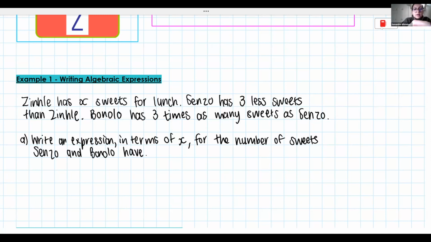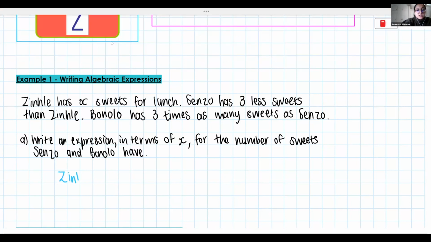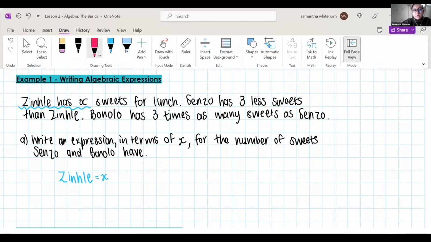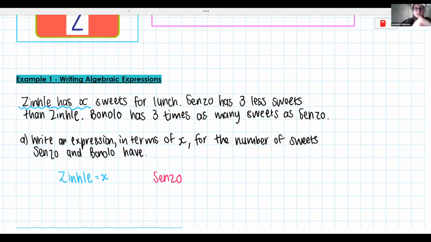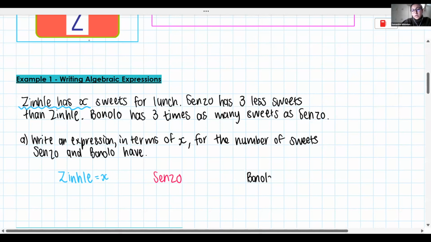So if we go and see how we can write down an expression, we know that Zintle has x sweets. That was the information we started with, our foundation starting point for this question. We now want expressions for Senzo as well as for Bonolo. Let's go back to our question and see what we were told.